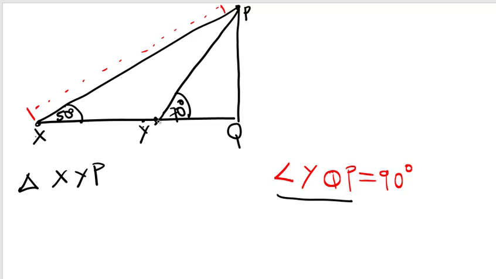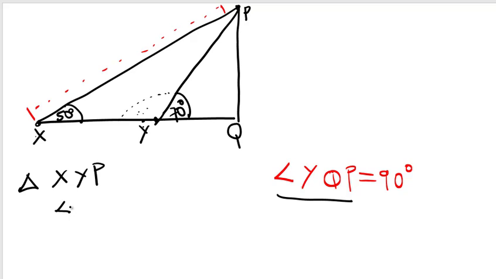The angle at Y, we can see that this angle here, we know that angles on a straight line at a point sum up to 180 degrees. If that is the case, then we can try finding the angle at this point.